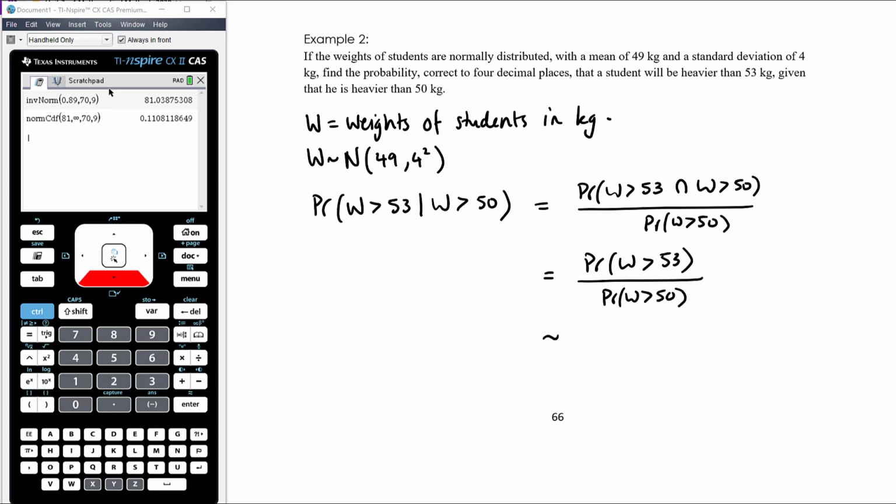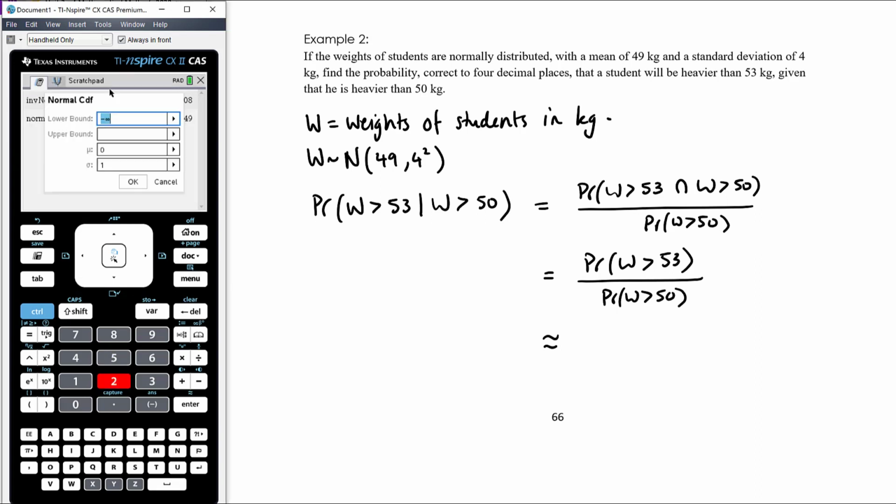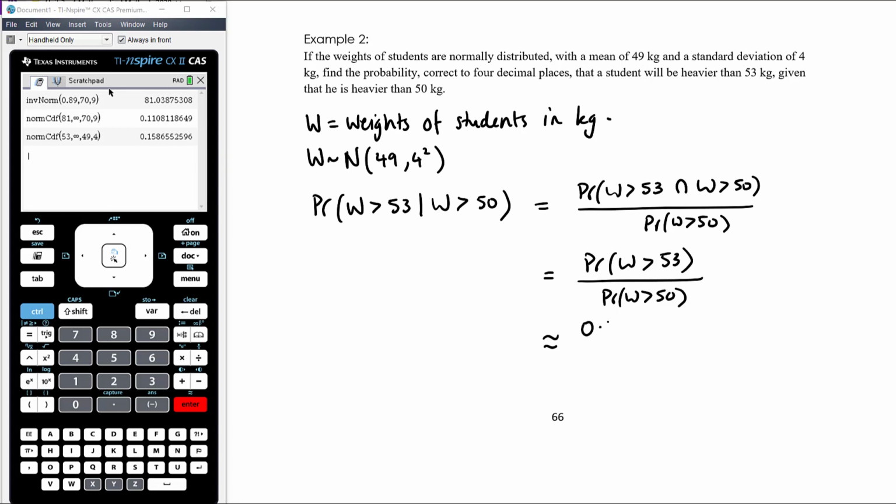Okay, so let's work out these two probabilities. So menu 552, normal CDF. Lower bound is 53 up to infinity. Mean is 49, standard deviation is 4. So that is 0.1587 on the numerator over weight's bigger than 50. So I'm just going to edit my previous line and make it the lower bound 50 rather than 53.